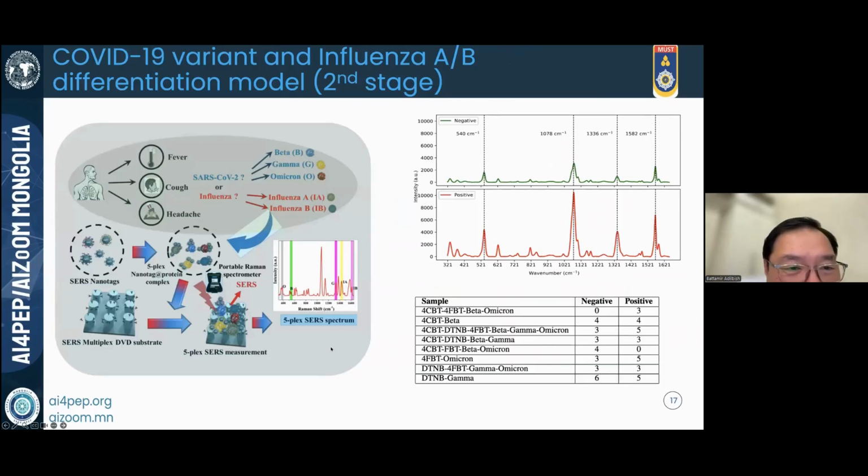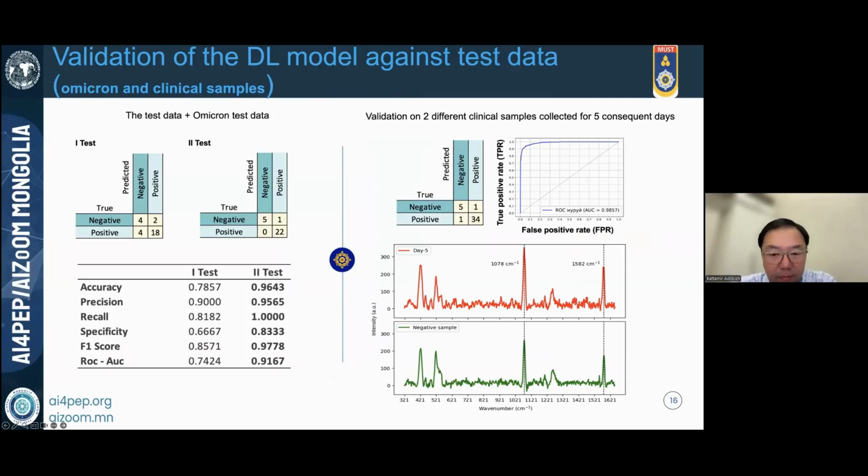Because I didn't talk about it in this picture. The variants of COVID and also the flu, influenza A and B, have the same symptoms.